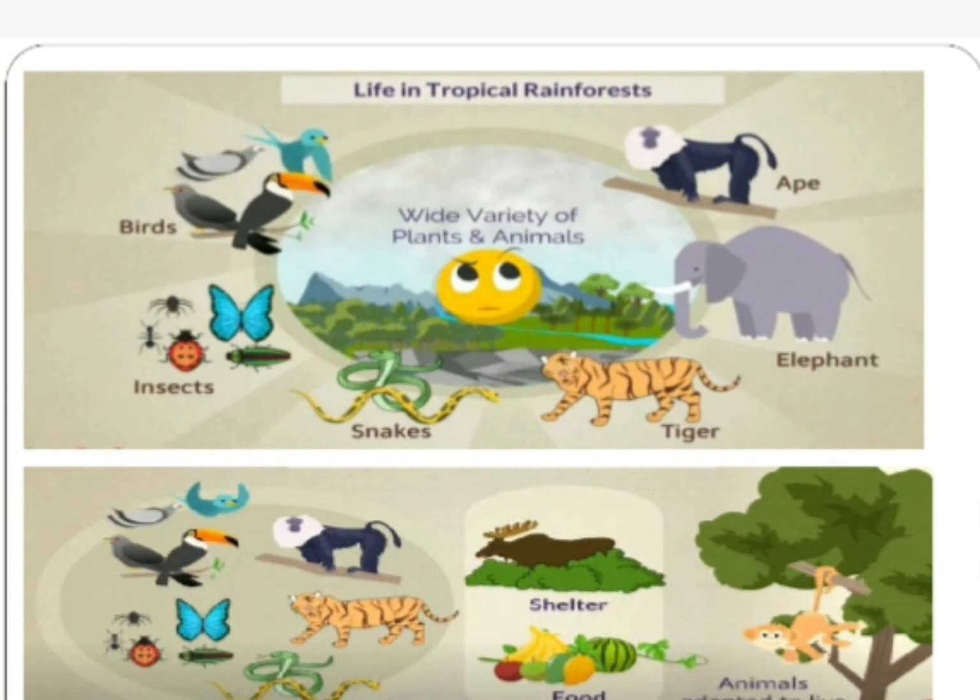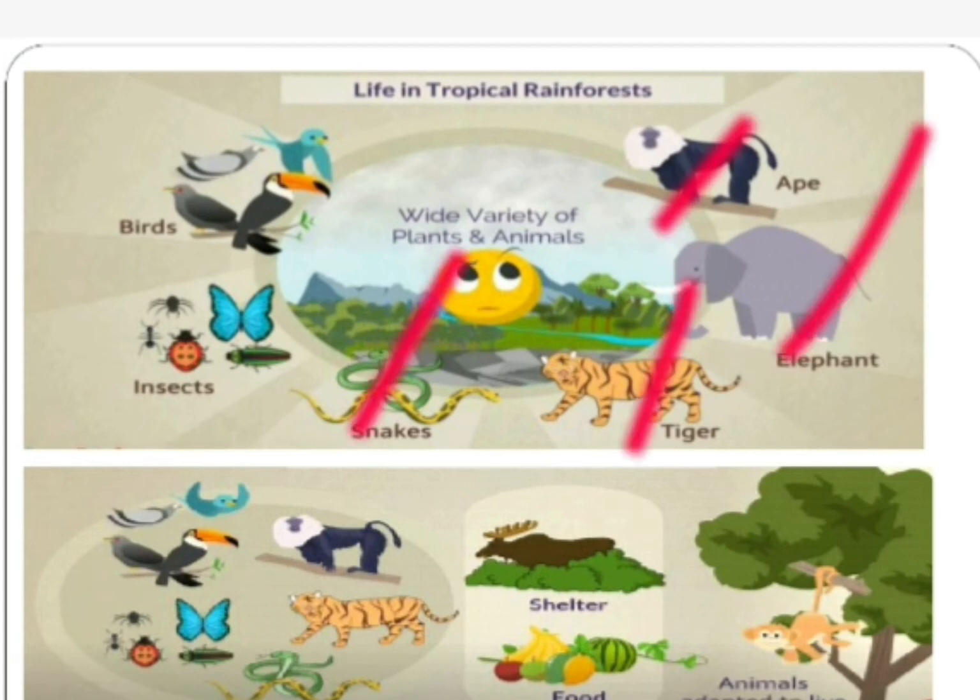The major types of animals living in the rainforest are apes, elephants, tigers, snakes, insects, and birds.